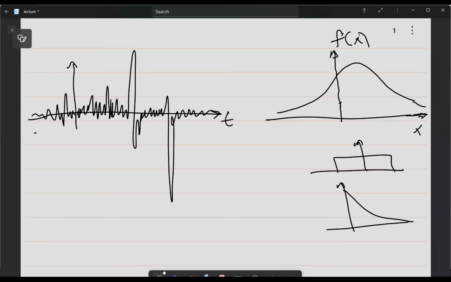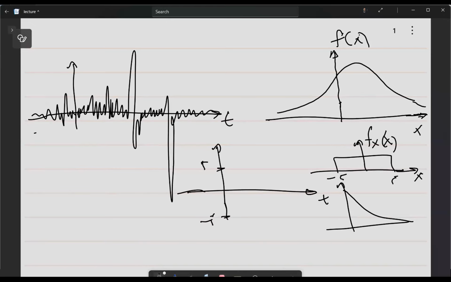Now, if you have another random signal, this is x, but let's say that it has a uniform distribution from -5 to 5. Then we will have another random signal, but it will be completely different, because now the signal is only between -5 and 5, and the behavior of this randomness can be different.